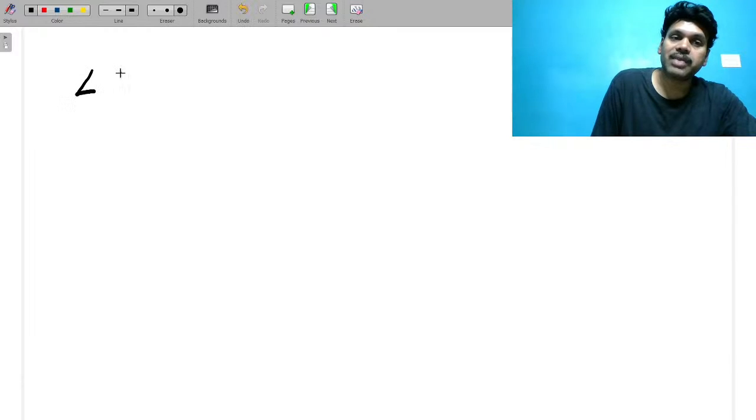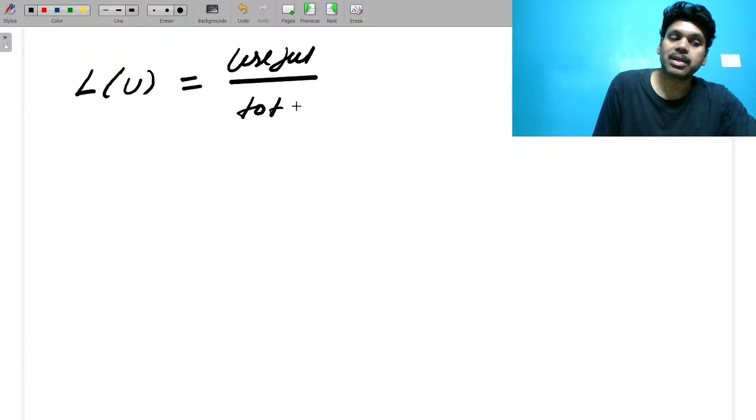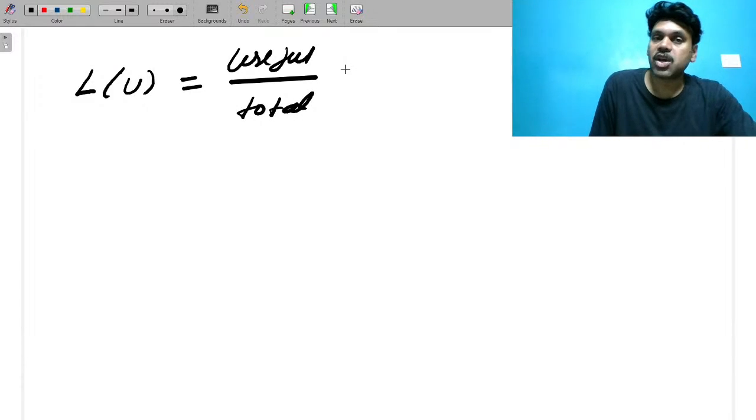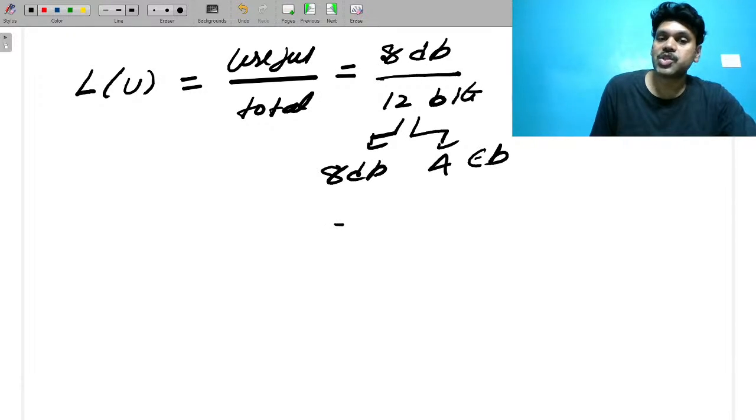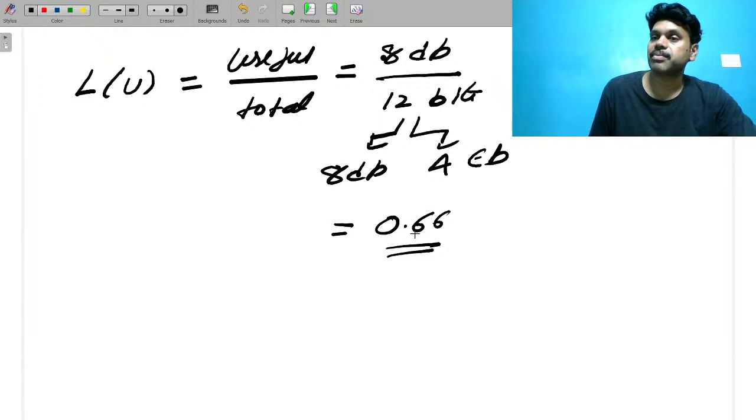Link efficiency is nothing but useful divided by total. As I already told you, useful is 8 data bits and total I am sending is 12 bits. This 12 consists of 8 data bits and 4 extra bits. So your efficiency is 0.66 fraction.